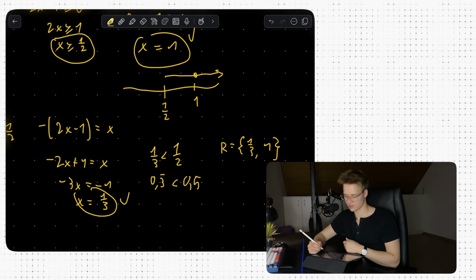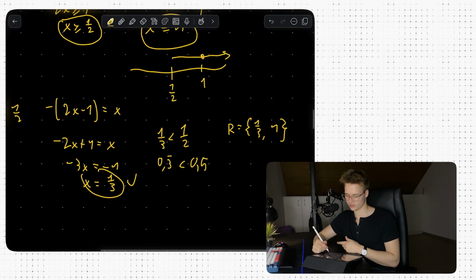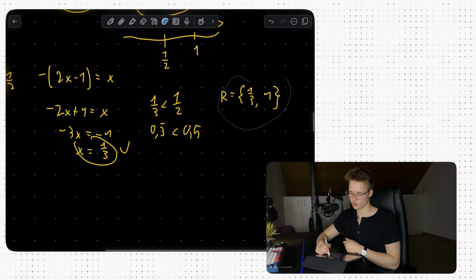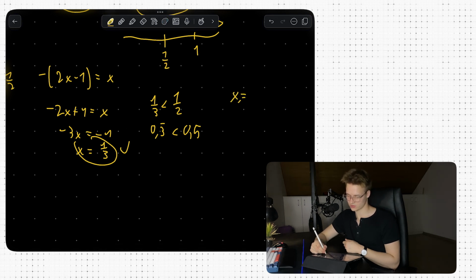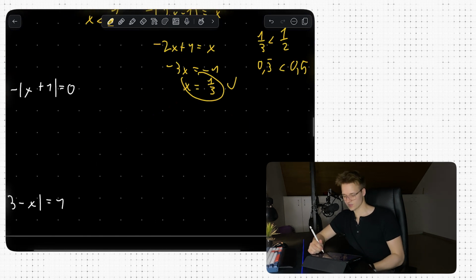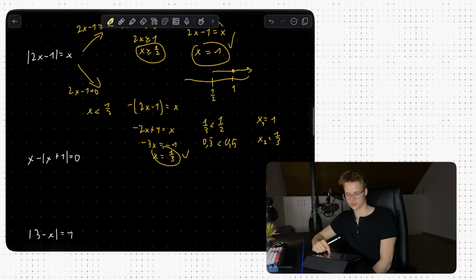Okay, so these would be our solutions, 1/3 and 1. Or you could also write it like this: x1 is 1 and x2 is 1/3. Okay, so these would be our solutions.